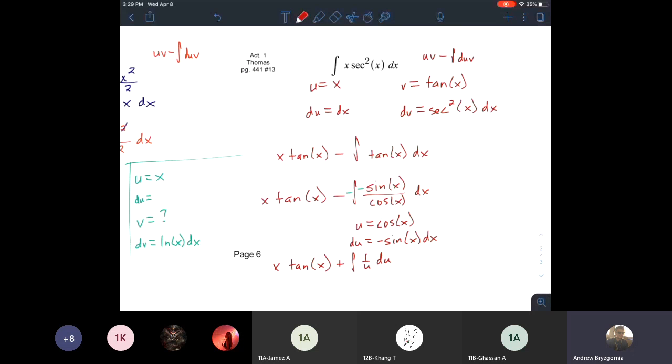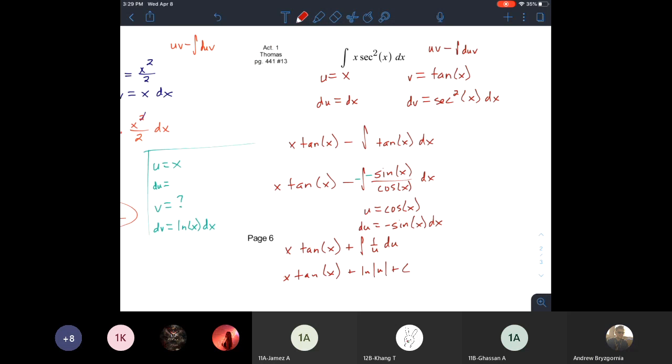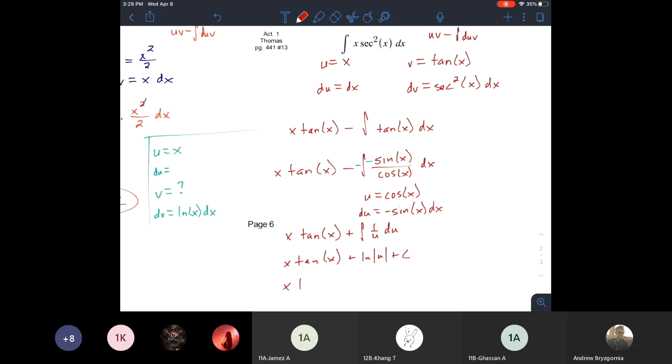And then you should be able to see that this is going to become natural log of cosine. And that's it. So x tangent of x plus natural log of cosine plus c. There we go.